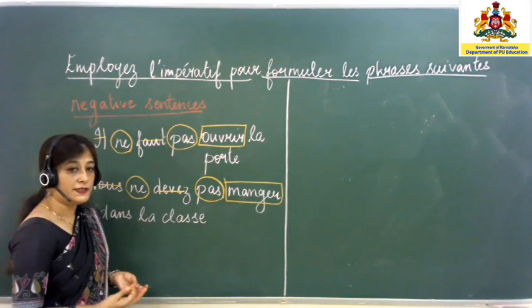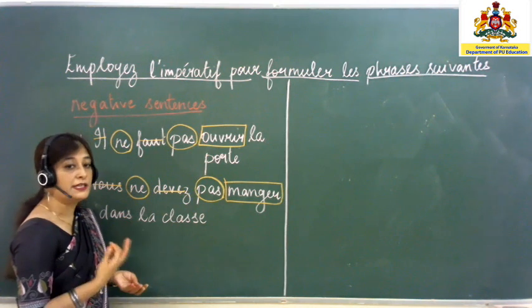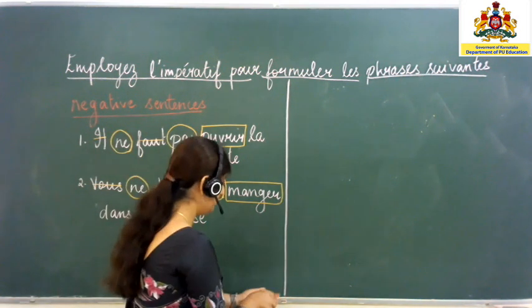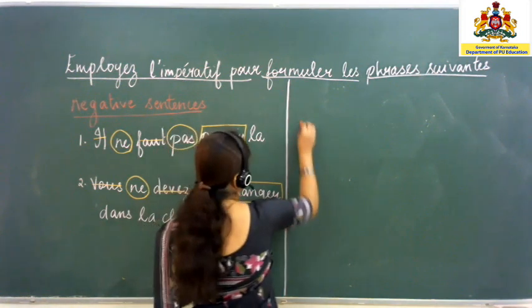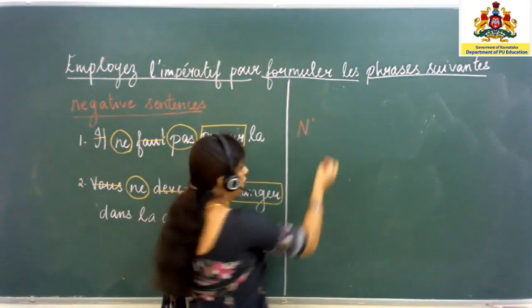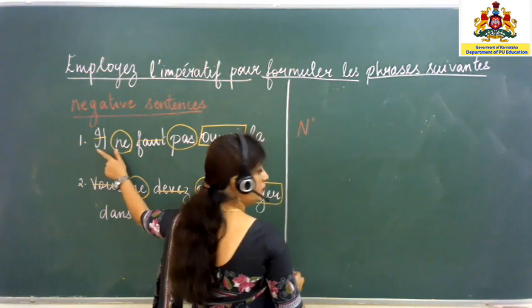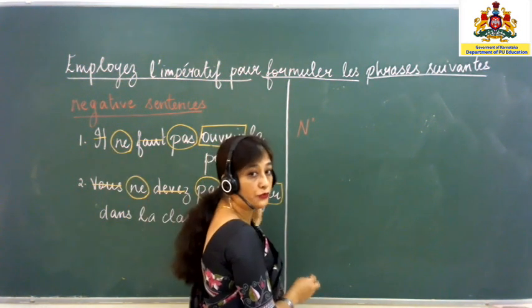Now change the sentence to the imperative negative form, right? So it's going to be n'ouvrir. There is no tu, nous or vous given, so I should change according to the vous form.